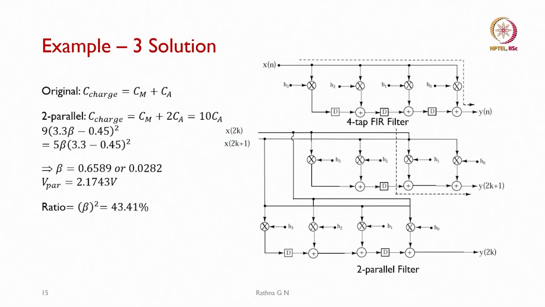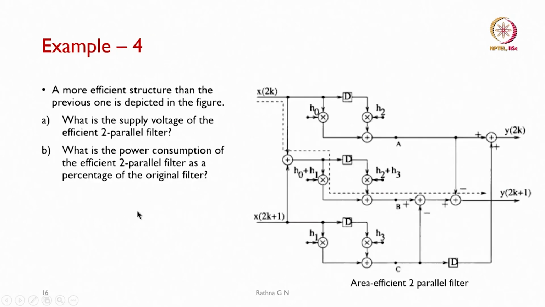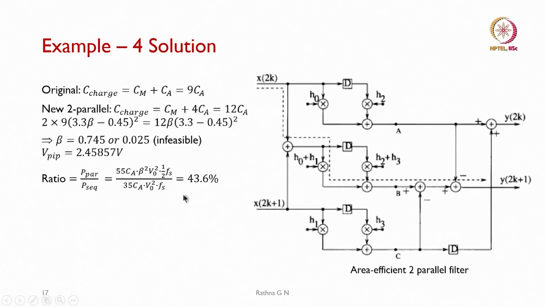So, in the previous case you have saved 43.41, here you are saving 43.6 with area efficient, because I have reduced my adjacent multipliers by introducing the delay in a proper way. So, please look into this.